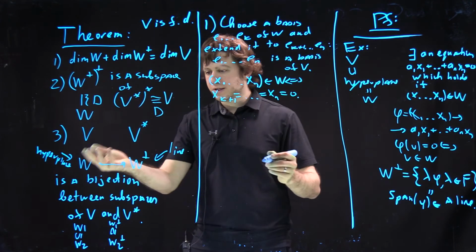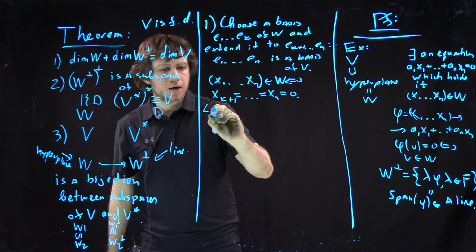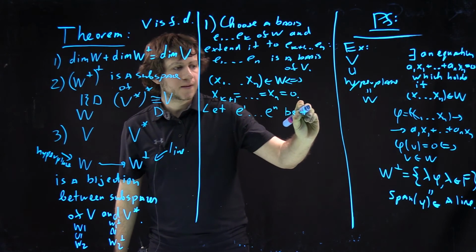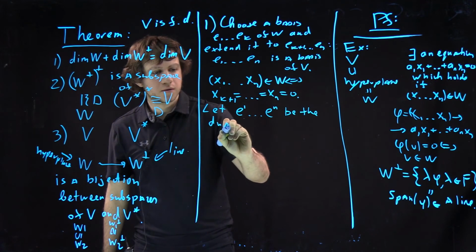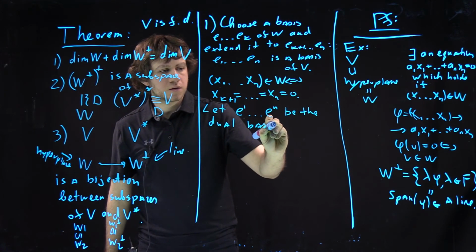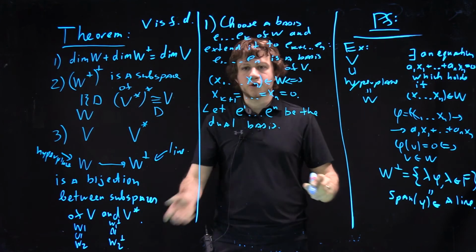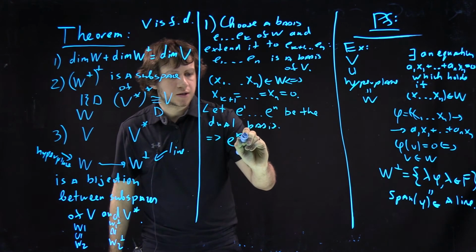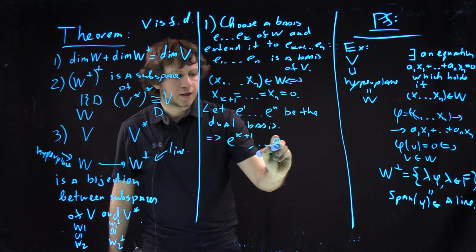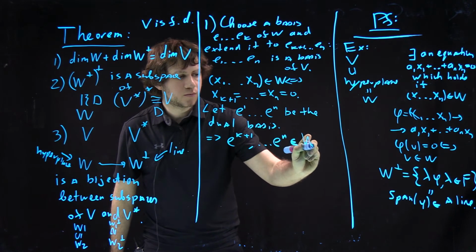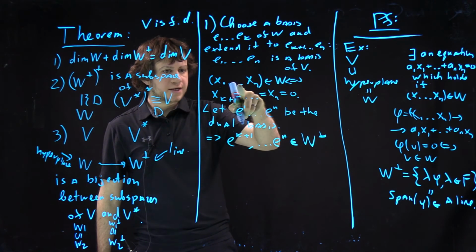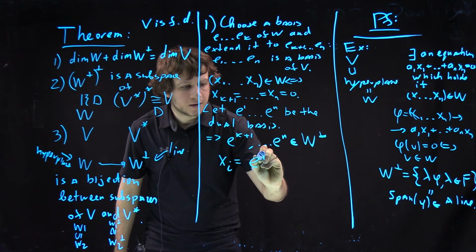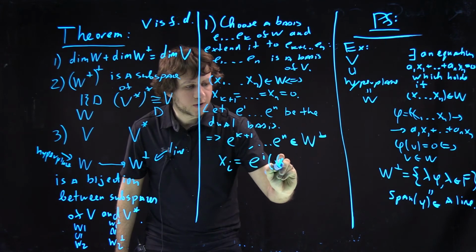But then, of course, we can look at W perp. So let e1 star up to en star be the dual basis. Then of course, this means that ek plus 1 star and so on up to en star are inside W perp, because xi is nothing but ei star of the vector x1 up to xn.